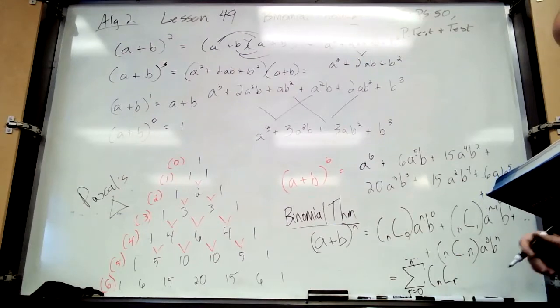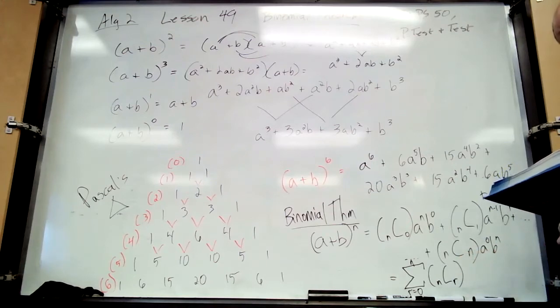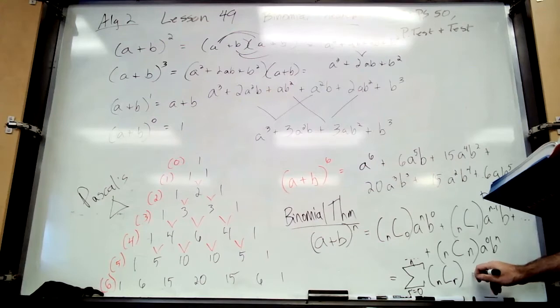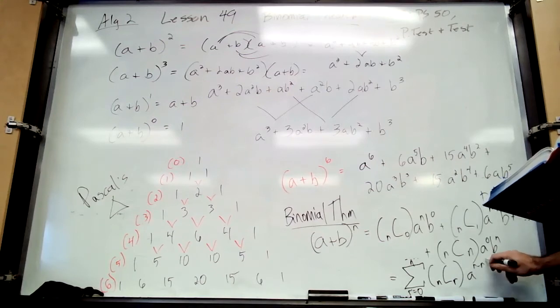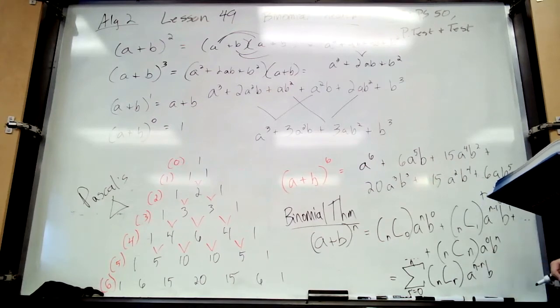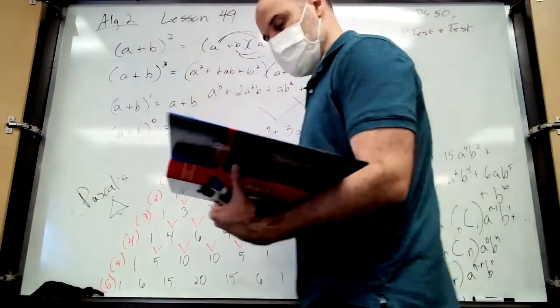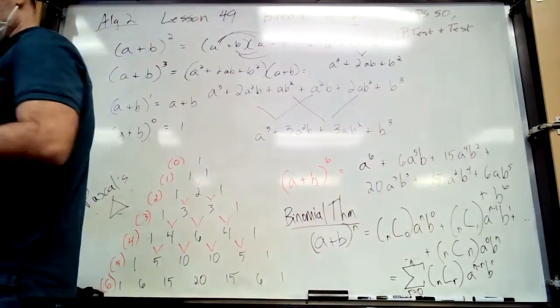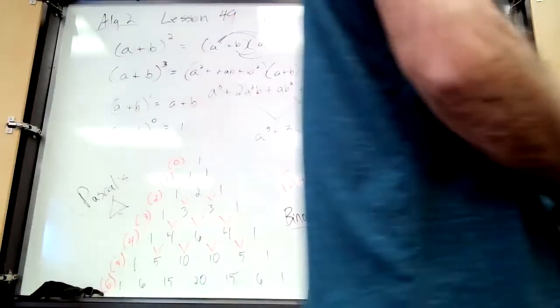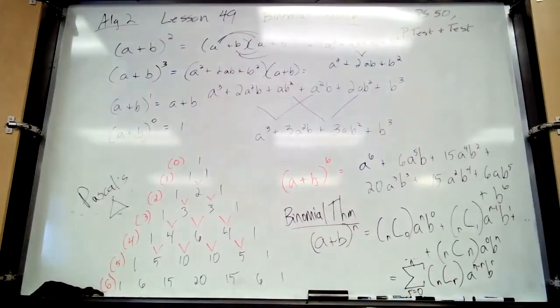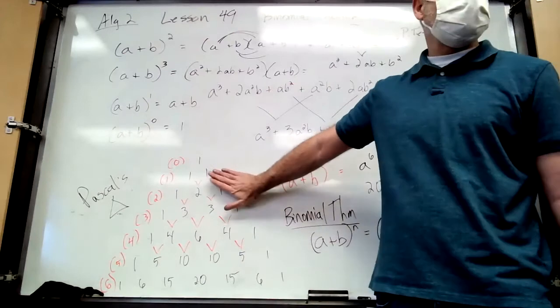So this symbol just basically says follow this pattern. And it's the pattern that we've already talked about. So a to the n minus r, and then b to the r, and you already know how to do a combination, that formula. So confusing, right? But this isn't terrible.